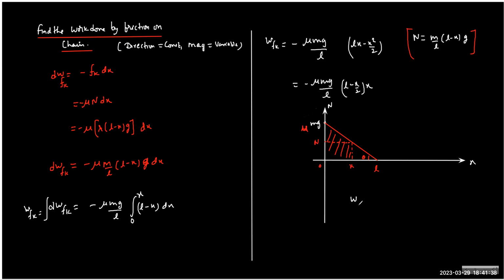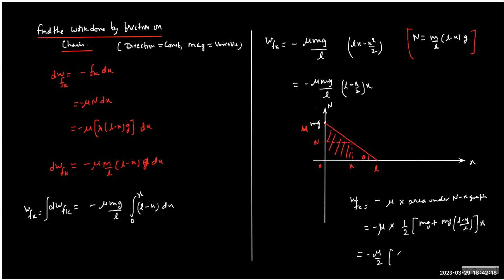To write the work done by friction, we just need to write minus mu times the area under the N-x graph, because mu is common. And area is half into the sum of the parallel sides, which is mg plus the N at any x value, which is mg (L minus x) by L, into x.